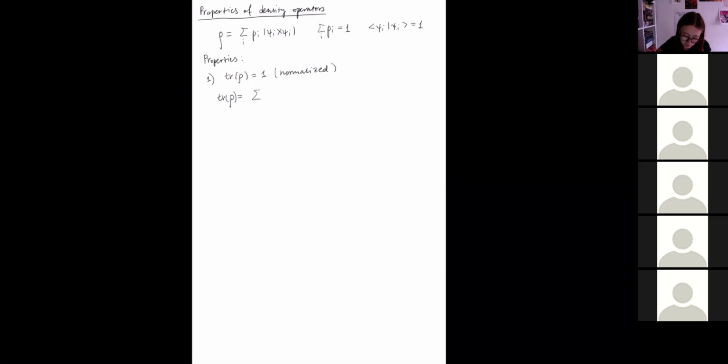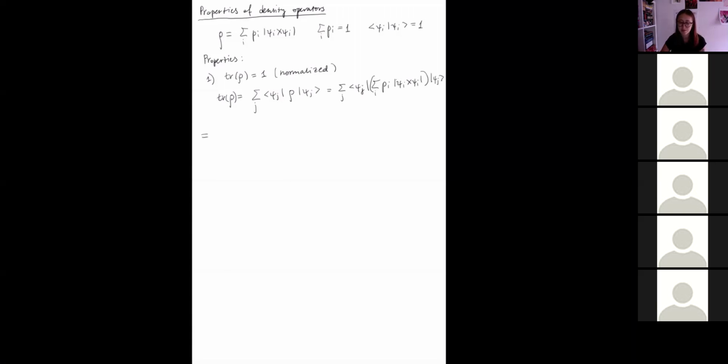So the trace can be written as the sum over j of <psi_j|rho|psi_j>, which corresponds to summing up only diagonal elements. Then we substitute rho with its expression: the sum over i of p_i |psi_i><psi_i|, and we still have psi_j.